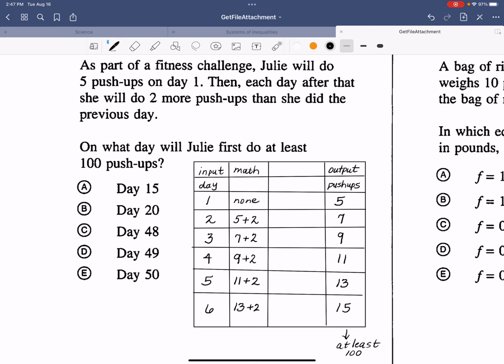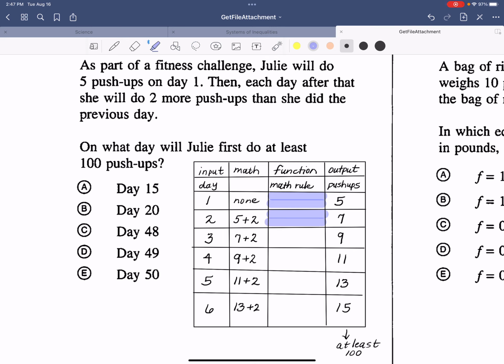So, we need to come up with the function, or the other way to say that is the math rule that applies here. So, what is happening to get me from 1 to 5, or 2 to 7, or 3 to 9, or 4 to 11, it's that rule that occurs between the input and the output.